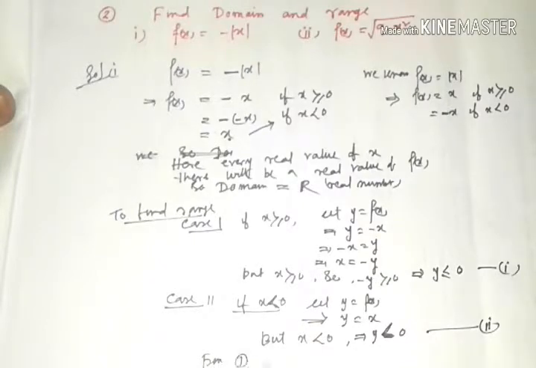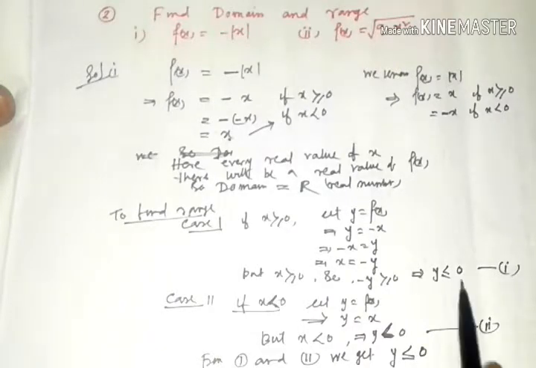From 1 and 2 we get y less than or equal to 0. If we write y less than or equal to 0, it is automatically included. Therefore we get y less than or equal to 0.